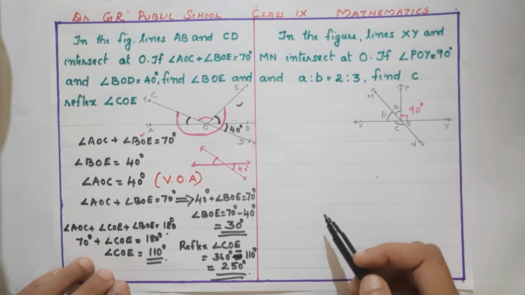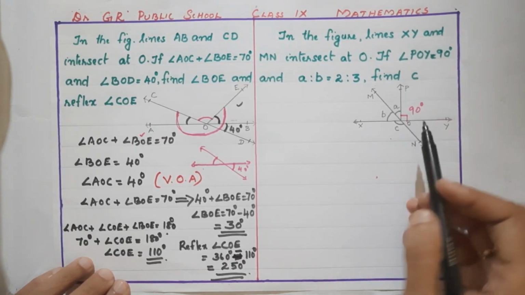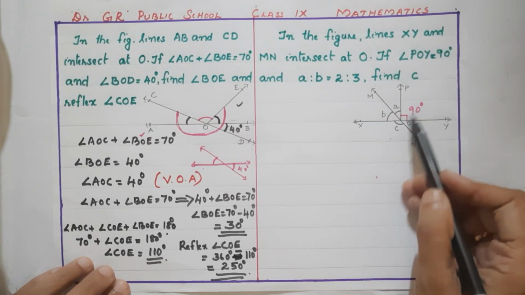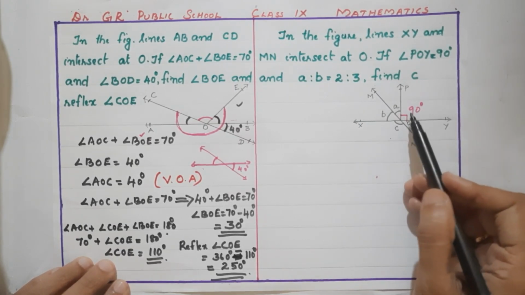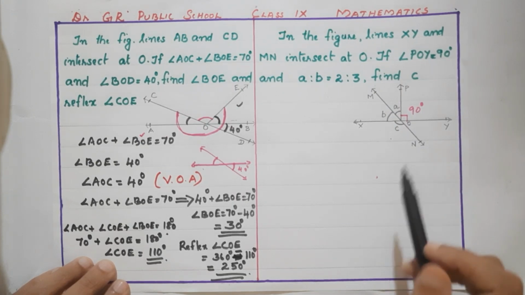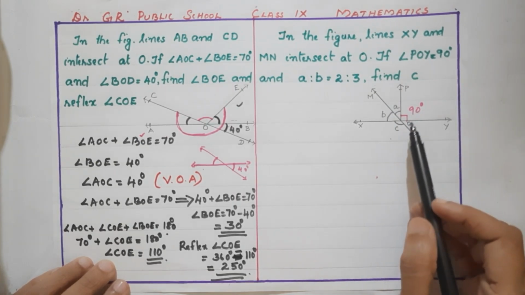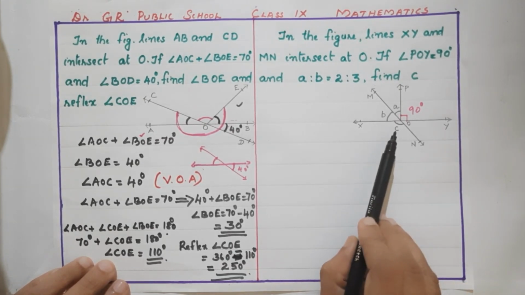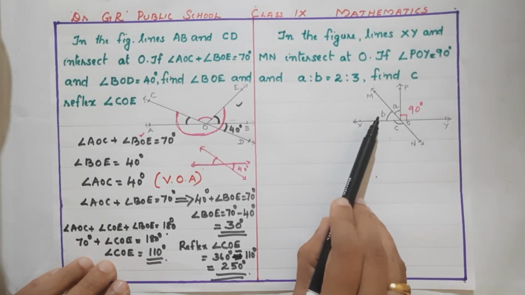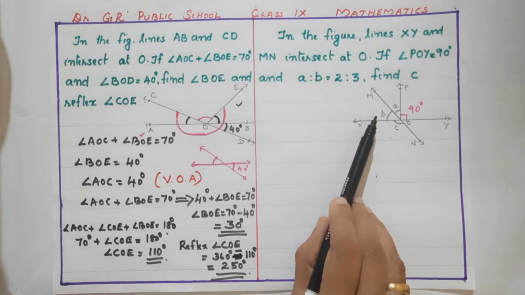Don't think that these two are vertically opposite angles, because they are not made by the same straight lines. So how can we find out C? To find C, we should know B, isn't it?